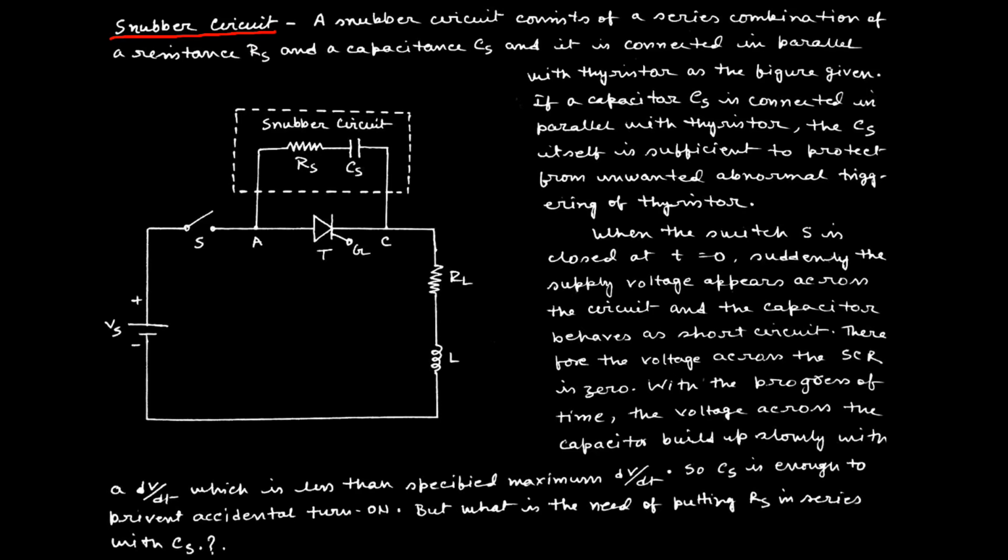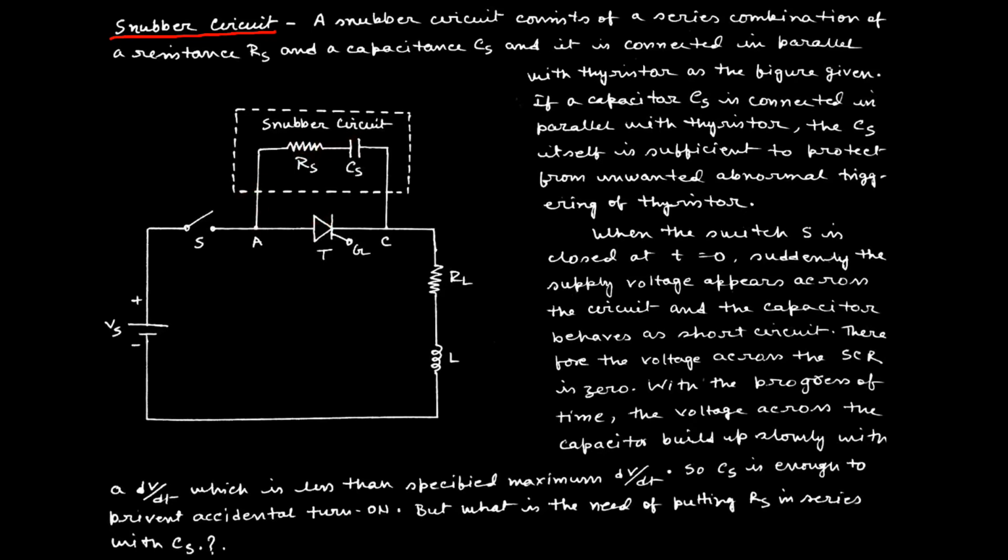That means when the capacitor tries to discharge in this direction, the total dI/dt gives some stress on this switch T. It is true that this capacitor is quite capable of protecting against high dV/dt from the supply, but it will produce a huge amount of dI/dt when the capacitor starts discharging.